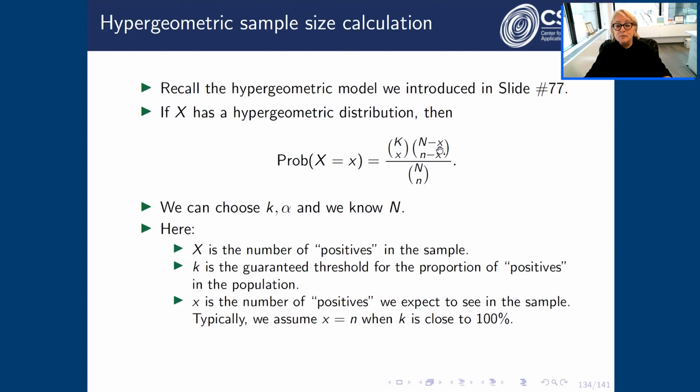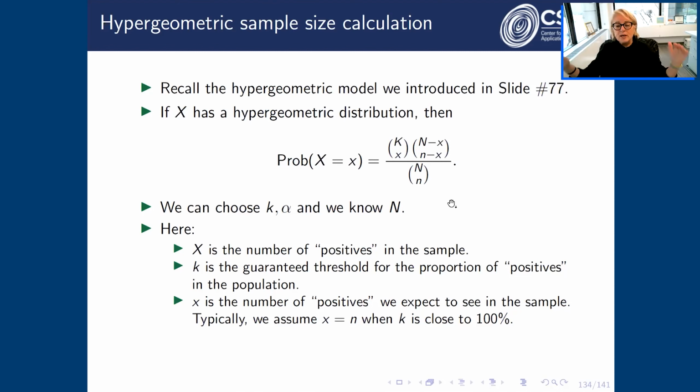And X is the number of positives in the sample. If I knew all that, I could compute the probability of observing a certain number of positives in a sample of size little n.